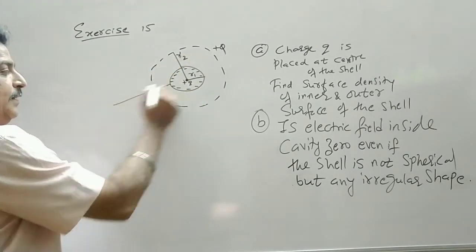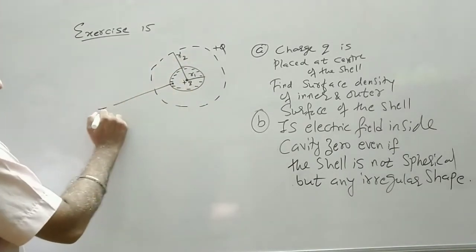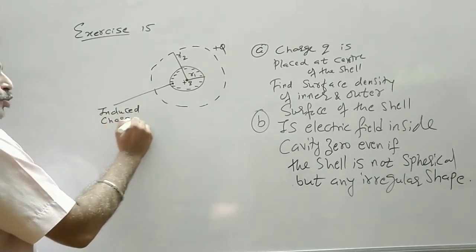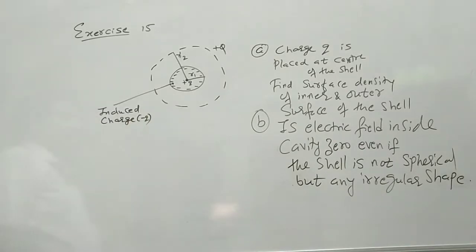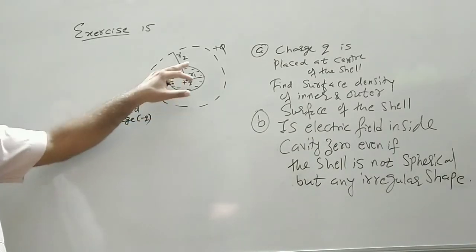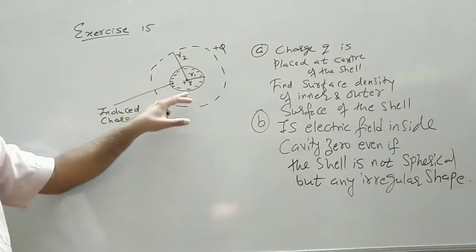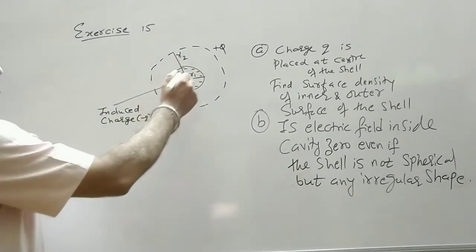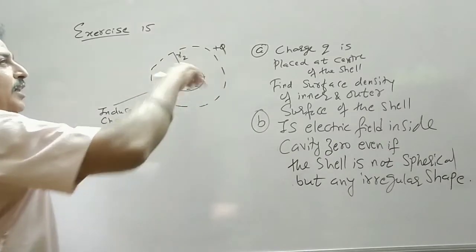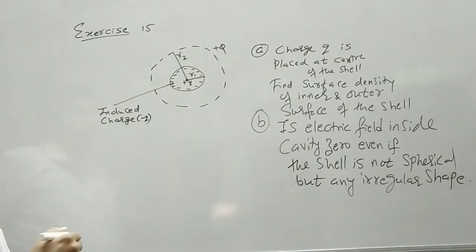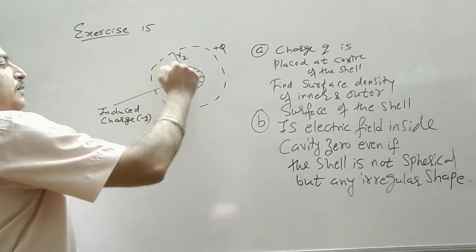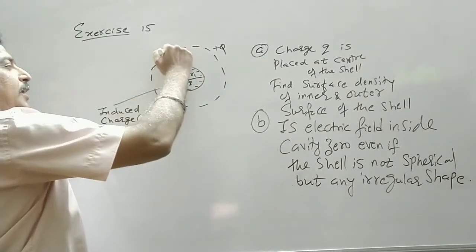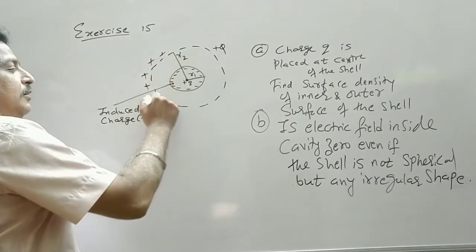So this is the induced charge, minus q. Now, from where does this charge come? We have a cavity. So this charge comes from the outer spherical shell, and the negative charge of the outer spherical shell has moved towards the inner spherical shell.